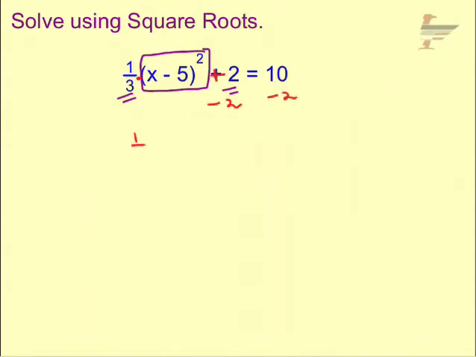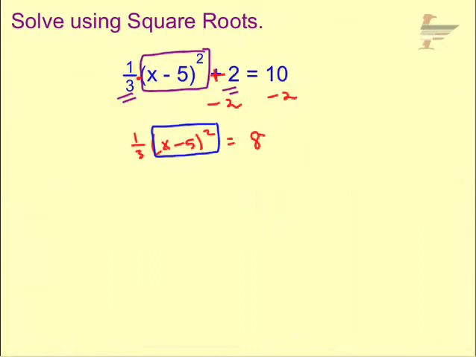And we have 1/3 times (x minus 5) squared equals, now 8 minus 2, or 10 minus 2 is 8. I'm thinking ahead a little bit. Alright, so now we're still getting this set of parentheses by itself, so let's work on that 1/3.